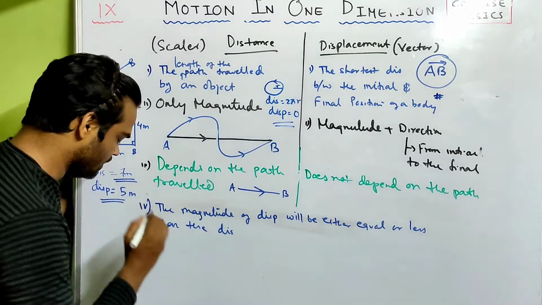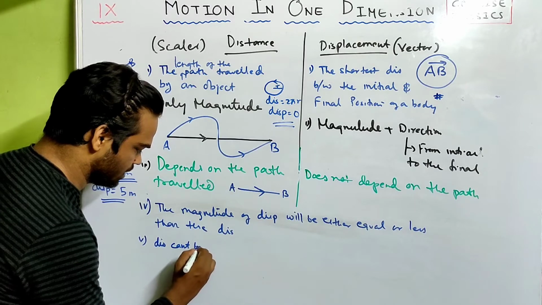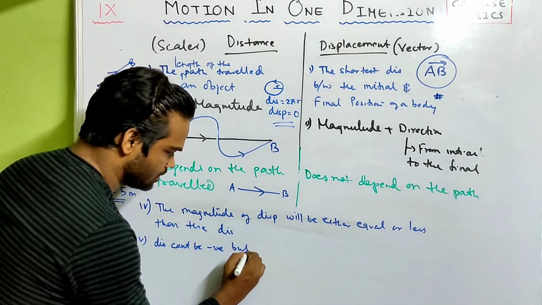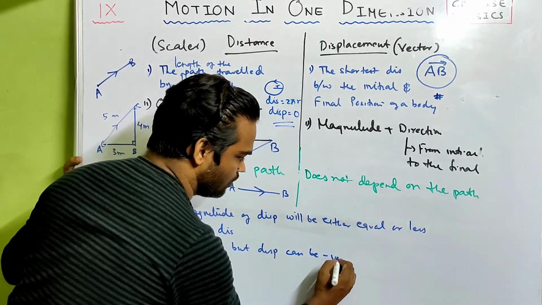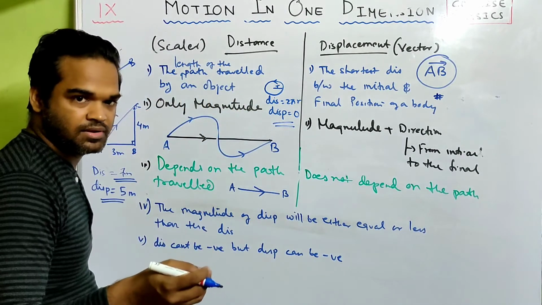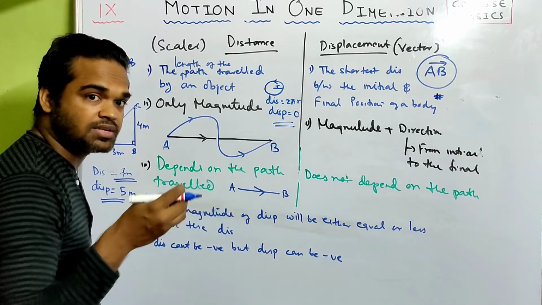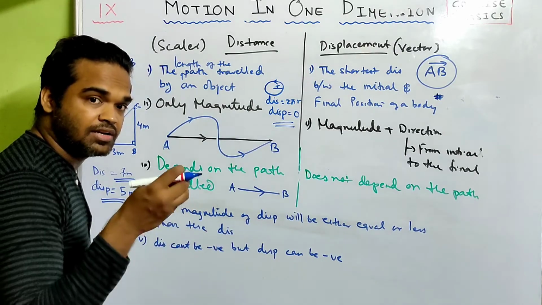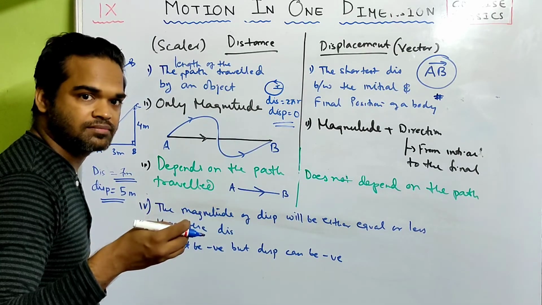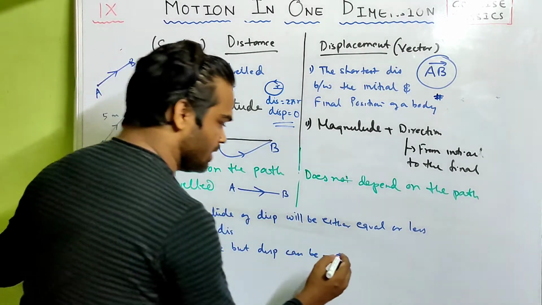Next, distance can't be negative, but displacement can be negative. How? Because we have done displacement depends on the magnitude as well as the direction, and the negative sign denotes reverse or opposite direction. So displacement negative is possible.